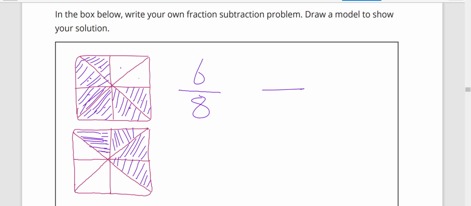Second model: all parts is 8, so write 8 in the denominator and write 4 in the numerator. The shaded part is 4. So subtracting the two fractions equals what? Write 8 in the denominator because it is the same number in both fractions, and subtract the two numbers in the numerator. 6 minus 4 equals 2.